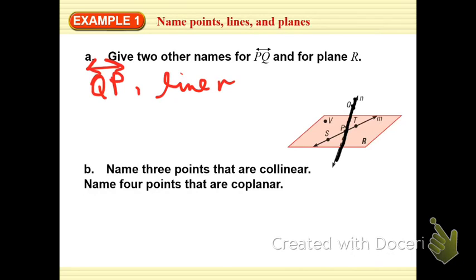Yes, go ahead. You can also name it by 3 points, so it would be like a plane SPT. Yep, we could say plane SPV, right? We can't call it SPT because those are all in the same line, and that wouldn't make a plane.